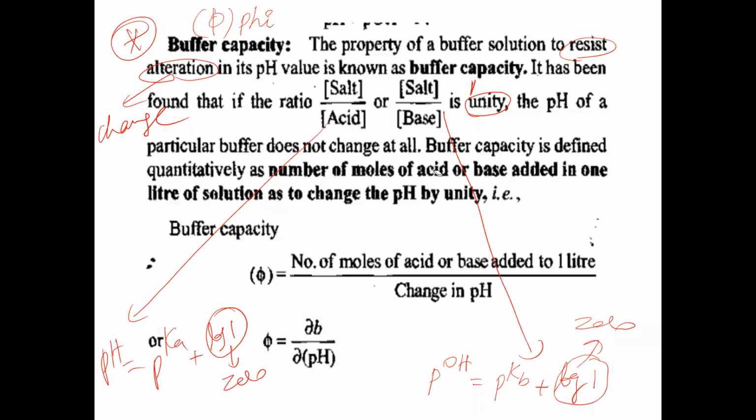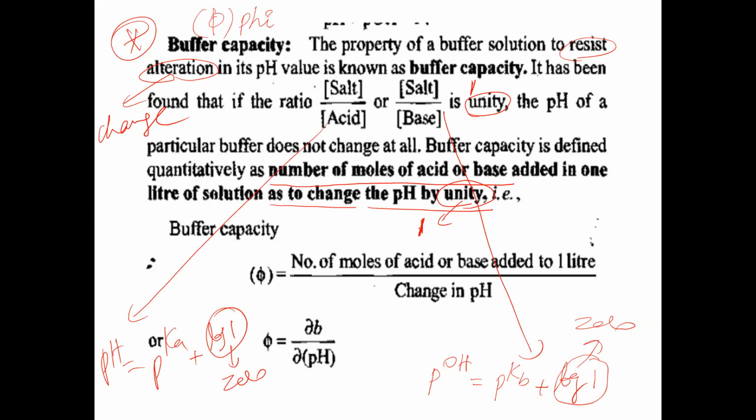pH does not change. Buffer capacity is defined quantitatively as the number of moles of acid or base added in 1 liter of solution to change the pH by unity. Unity means again what? 1.